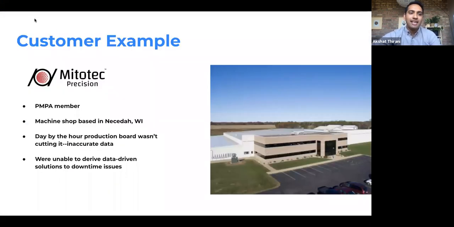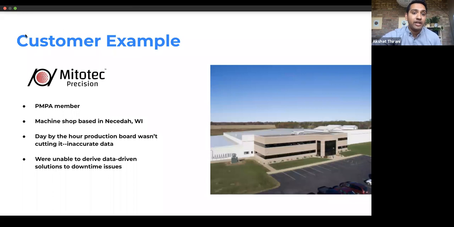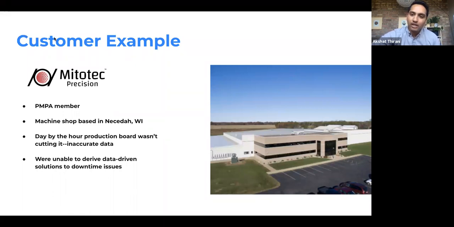So here's a quick example of a customer that was able to successfully use a real-time dashboard to tell if they're having a good day or not. Mitotech Precision is a CNC machine shop in Wisconsin, and they were looking to track, by hour, how many parts have been made, but it really wasn't as actionable, and they wanted more data to understand what's really driving machine downtime.